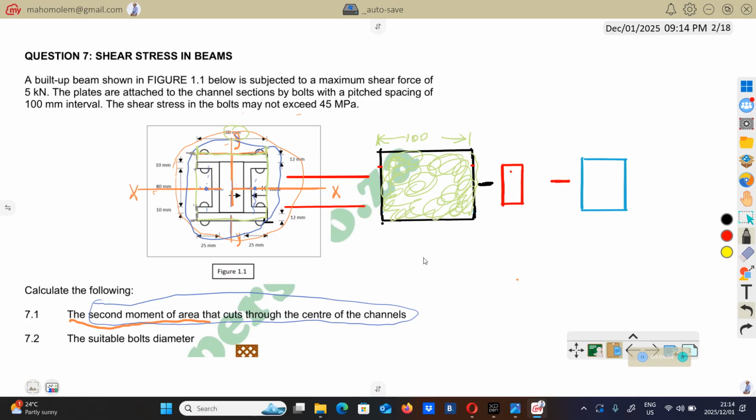So that will give us the total distance. So the total height of this will be equal to 12 plus 10 plus 80 plus 10 plus 12, which is 124. So that will be the height of this box.